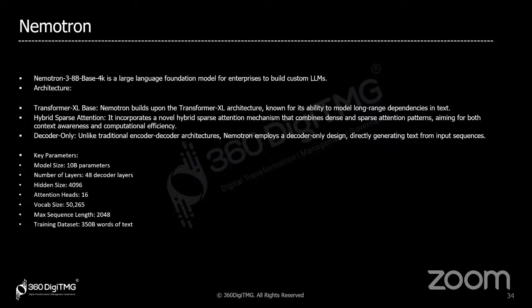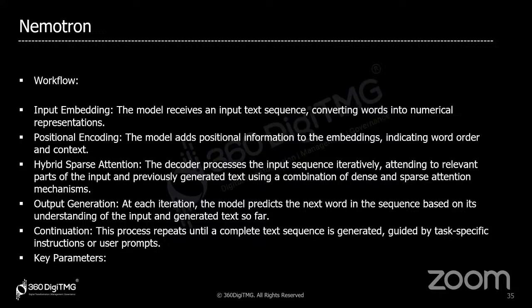Okay. Then there are key parameters. Model size 10 billion. So this is how the key parameters are. Then there is Nemotron's input embeddings. The model receives input text sequences, converting the words into numerical representations. Then there is positional encoding.